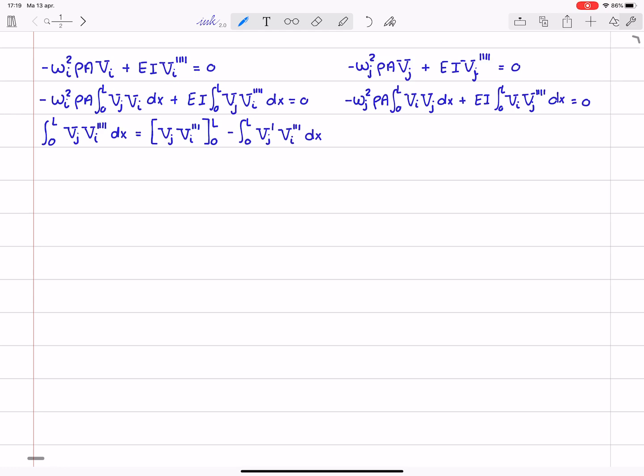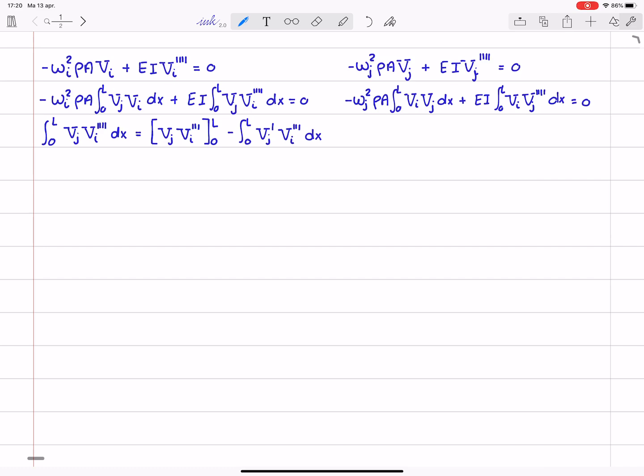Now, if I would also do this for the integral in the right equation, you will get also a term that must be evaluated at boundaries, and an integral of Vi first derivative, Vj third. So after this, it is still not the same. And the way out is that this final integral must be integrated by parts once more.